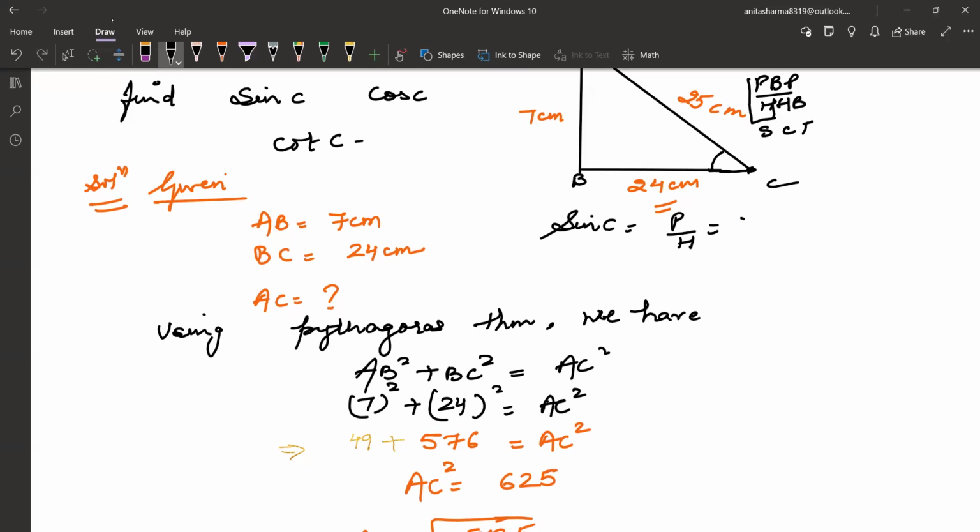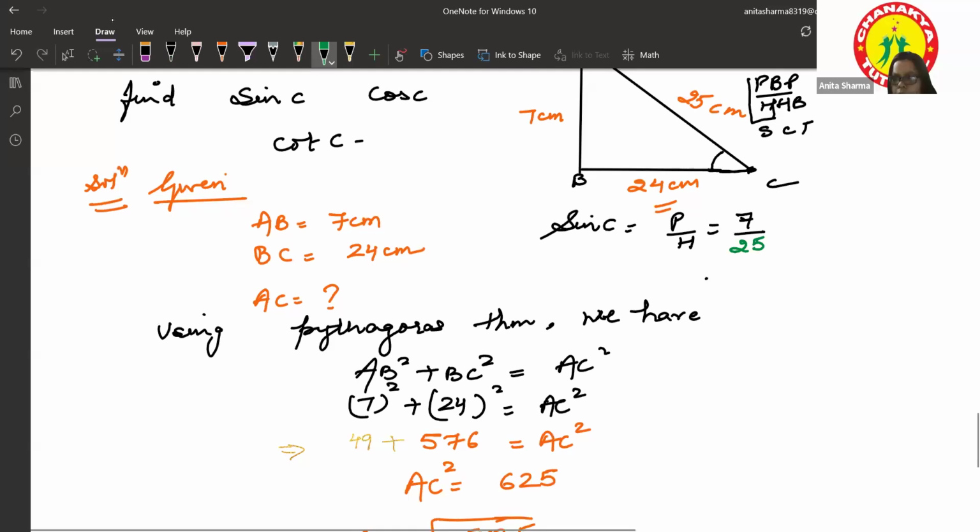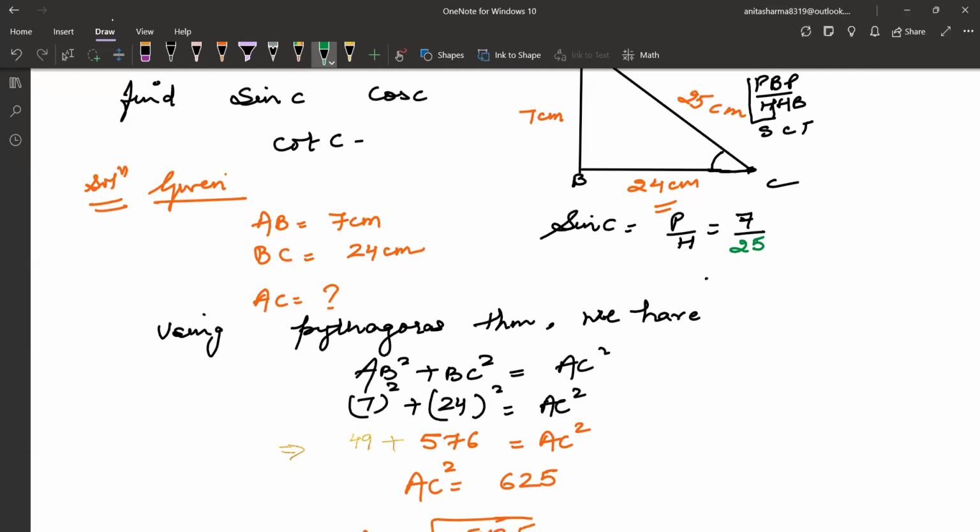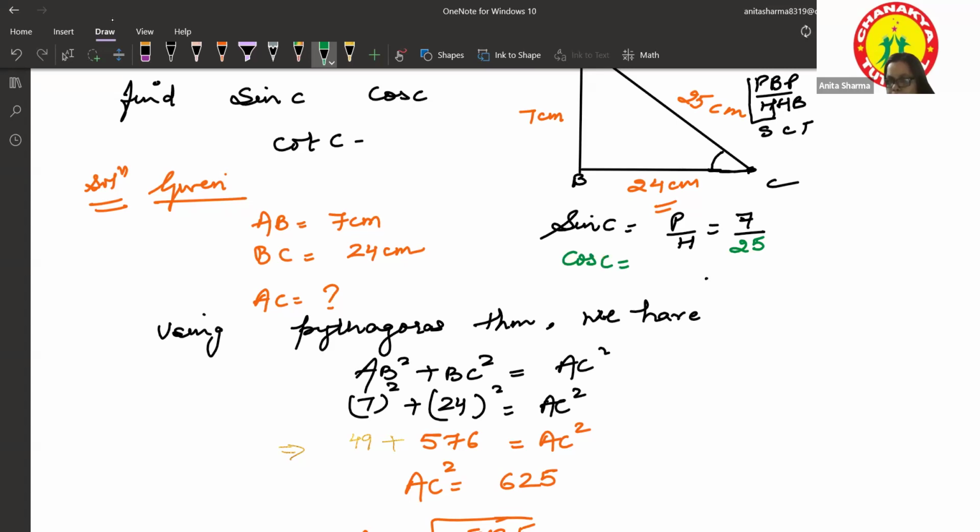Yes, very good. Yuvan, ma'am, is the answer 0.28? No need to write in decimal, beta. Just leave in fractions only, okay? Okay, ma'am. No marks will be deducted for this. Just leave your answer in the fractions.